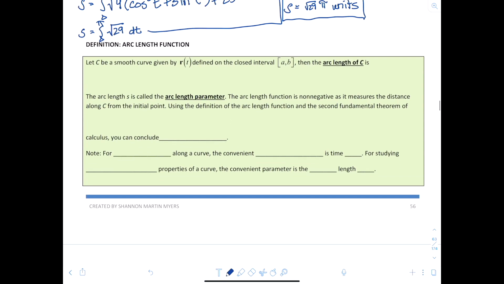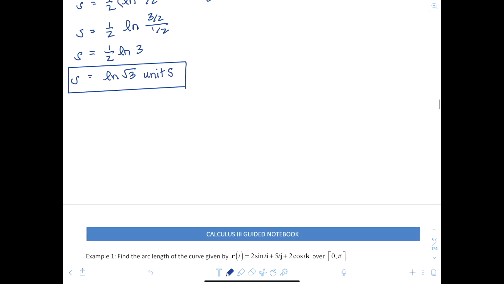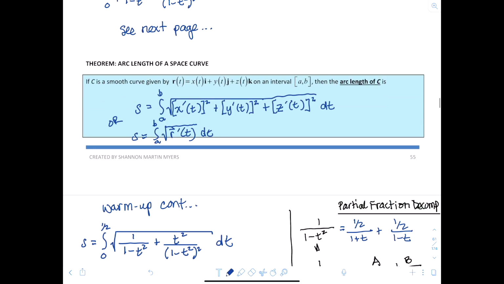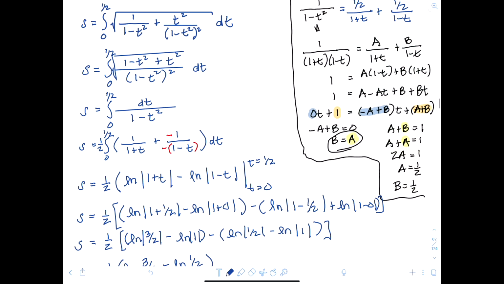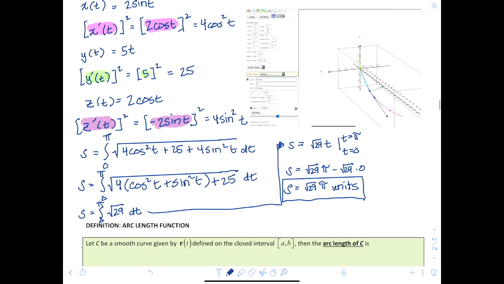Okay, so now the arc length function. This one was just the arc length, okay? But now you can have an actual arc length function.